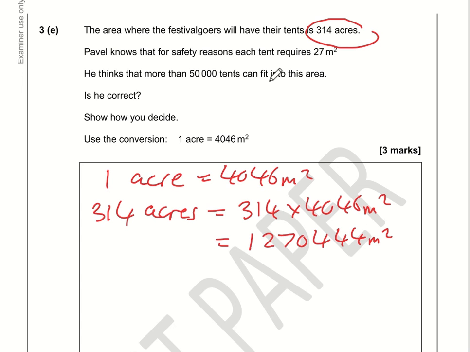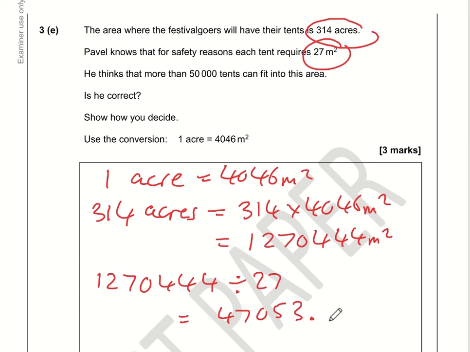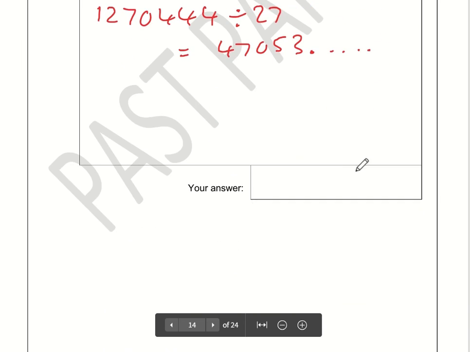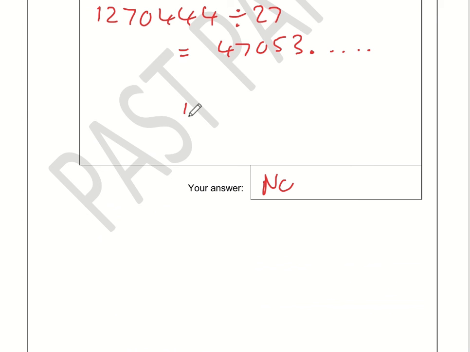Now, 1 tent requires 27 square metres, so how many 27 square metres go into this figure here? That is 1270444 divided by 27, and we get a fairly horrible answer, 47053 point something, and we can see that that is less than 50,000. So is he correct? No. 47053 is less than 50,000.